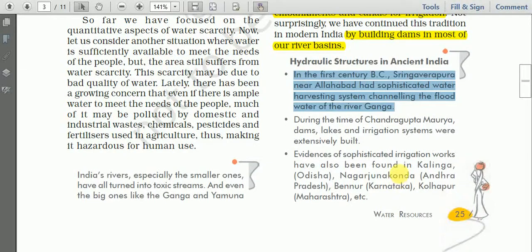Okay, see here. In the 1st century BC, Sringavarapura near Allahabad had a sophisticated water harvesting system channeling the flood water of the river Ganga. So it is like this.